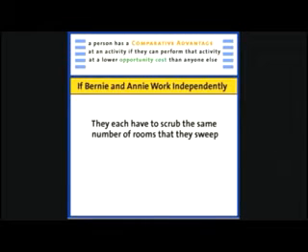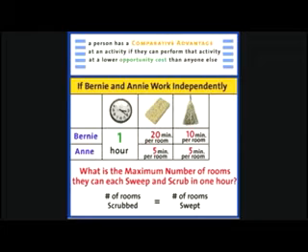What's the maximum number of rooms that Bernie can clean by himself? What's the maximum number of rooms that Ann can clean by herself? Remember, the numbers have to be equal for sweeping and scrubbing for Bernie, and the numbers have to be equal for sweeping and scrubbing for Ann. Well, the numbers that work for Bernie, as it turns out, are 2 rooms. Bernie can sweep 2 rooms, and that takes him 2 times 10 minutes each for a total of 20 minutes worth of sweeping.